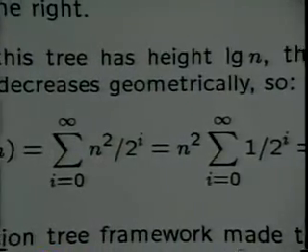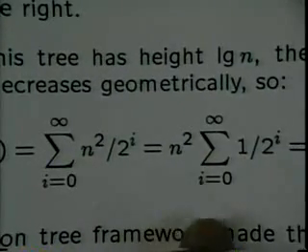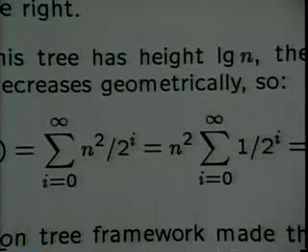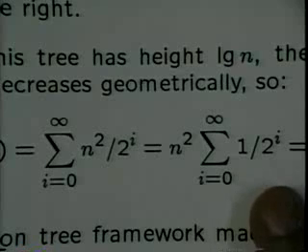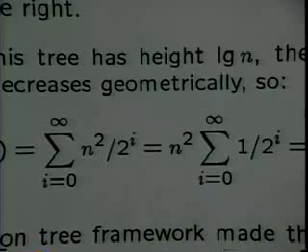This sum reduces to n squared times the sum as i goes from 0 to infinity of 1 over 2 to the i. That you should be able to do, you know, that's the sum of a geometric series. This is one I don't even have to look at the formula for. This adds up to be 1 or 2, depending upon where you start it from. And so this is going to be a constant. The sum of this thing is, in fact, going to be equal to theta of n squared.